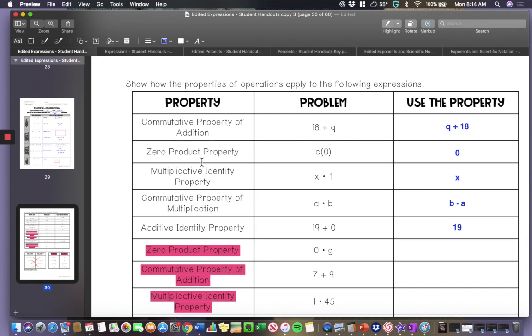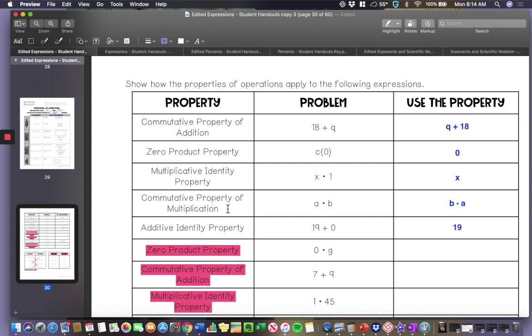For the zero property, or for the zero product property, we have C times 0. So no matter what number we have multiplied by 0, we're still going to get 0. For the multiplicative identity property, we have X times 1, where if I use the property, I'm going to be getting X no matter what.